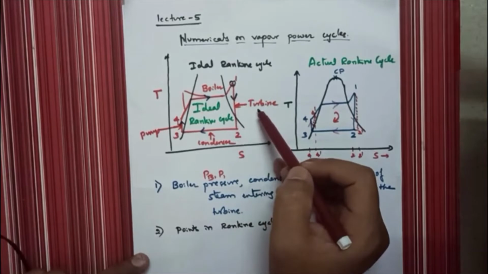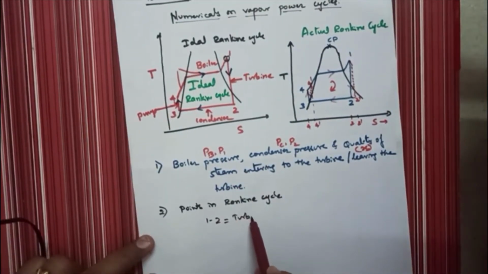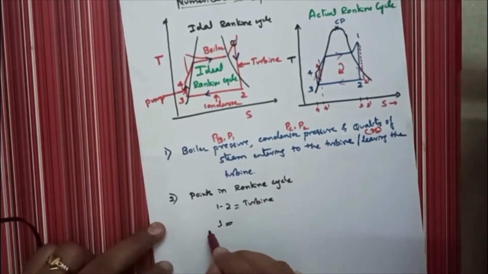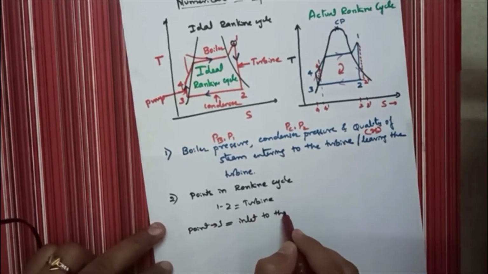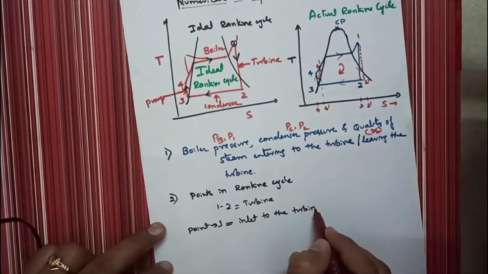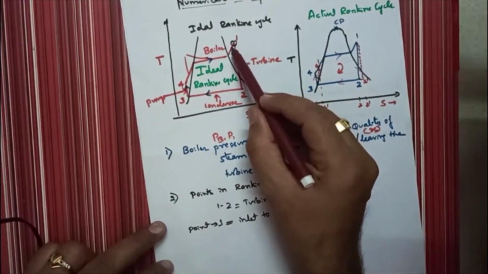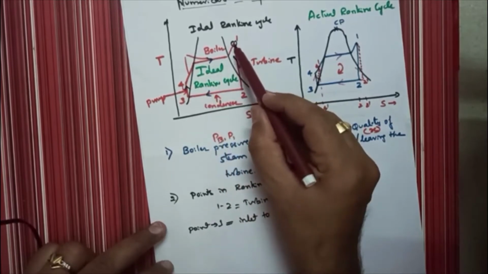The same point 1 is also the outlet of the boiler, because 4 to 1 is the boiler process.